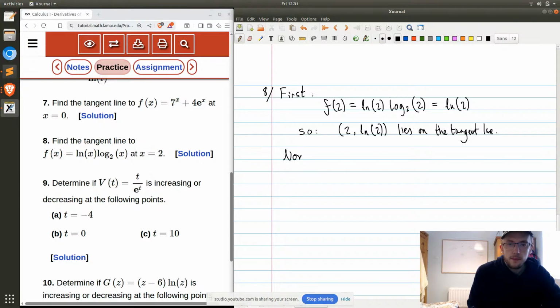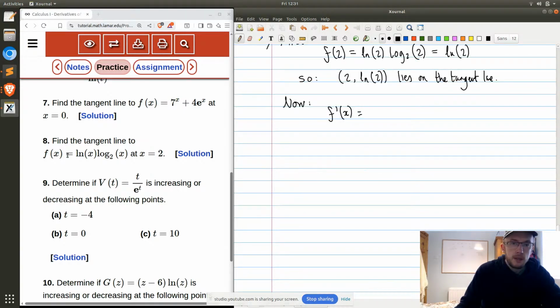Now, f prime of x. So we have a product. We differentiate the first function, leaving the second one alone, and then differentiate the second function, leaving the first one alone. Differentiate the first one, so we get 1 over x, so log base 2 of x over x.